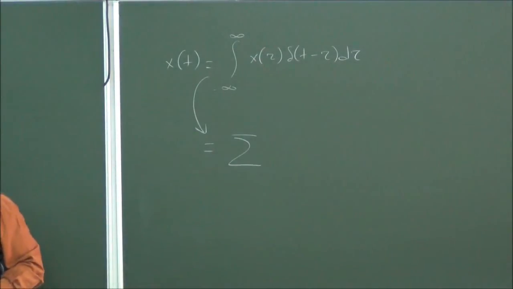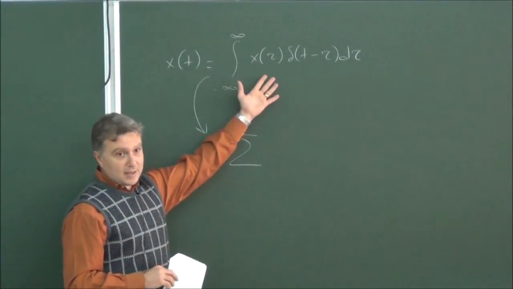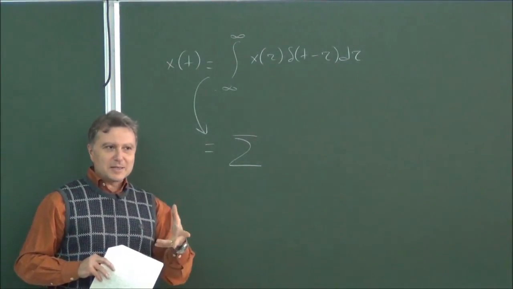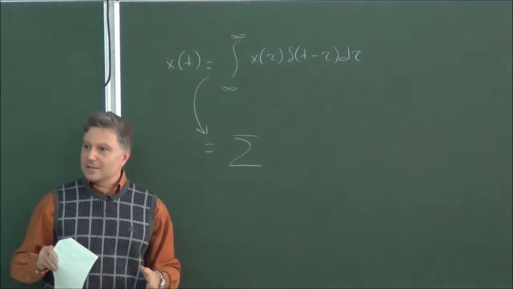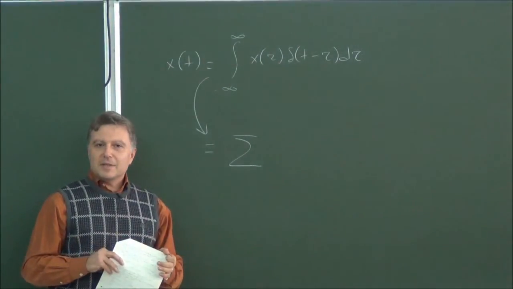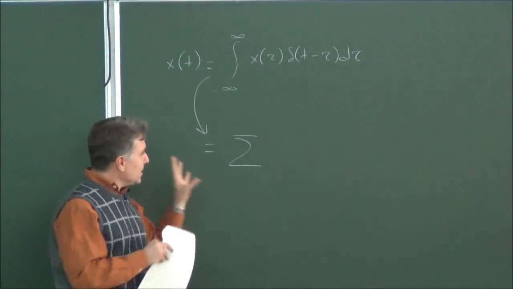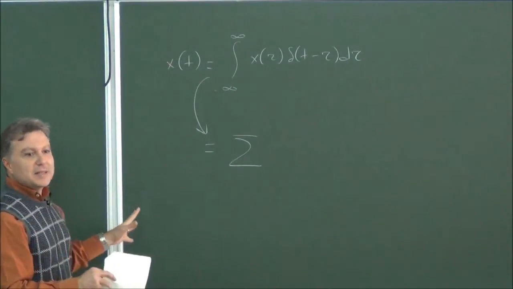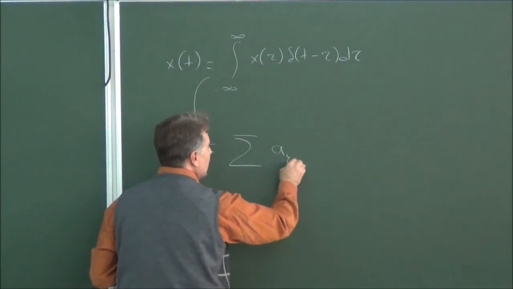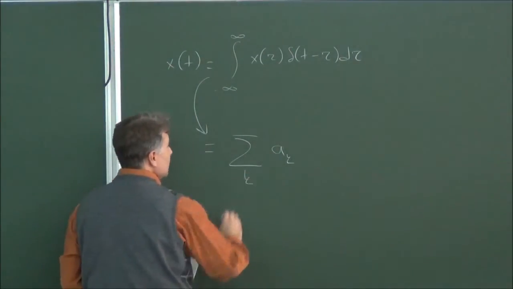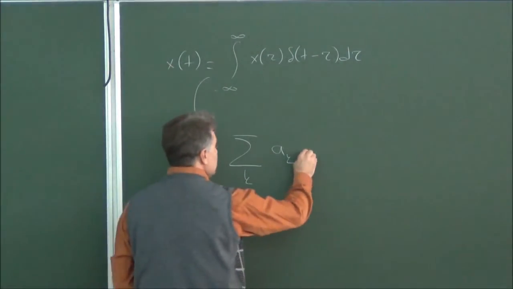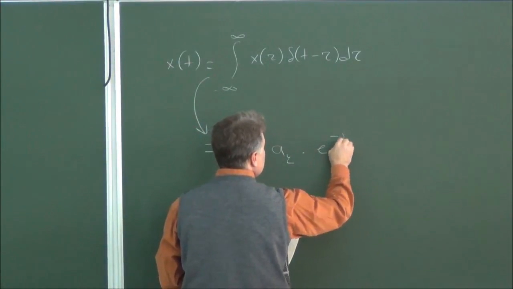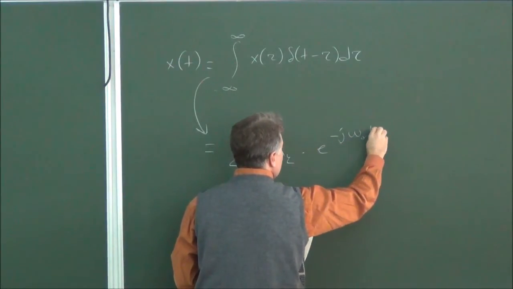Here again, the basis vectors are impulses, but this time, the basis will be rotated, sort of, another basis, on the space of signals. It's not a space of vectors anymore. This is a space of signals, and we are trying to represent a signal using combinations of other basis signals. And those basis signals are, these are the linear coefficients, a k, times e to the minus j omega 0 k.